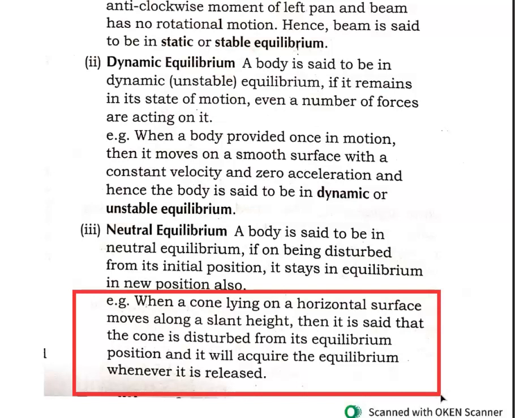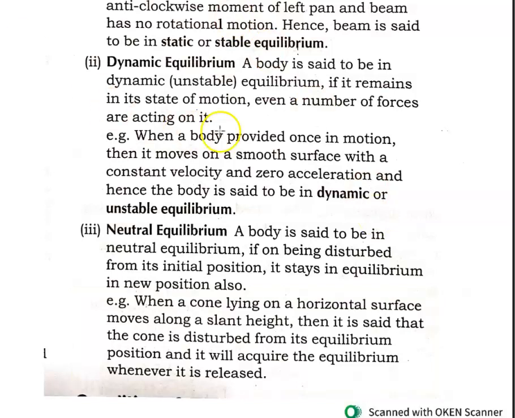Then it is said to be disturbed from its equilibrium position and it will acquire a new equilibrium position when it is released. We are talking about a cone that is lying sideways. If we apply a force, it is going to be disturbed, but immediately it is going to acquire a new position and it will be in equilibrium in the new position as well. So these are the three kinds of equilibrium.